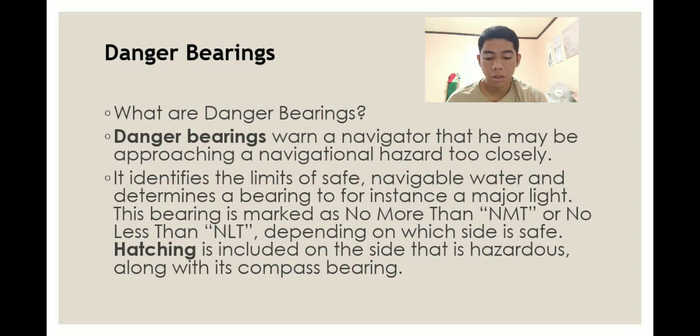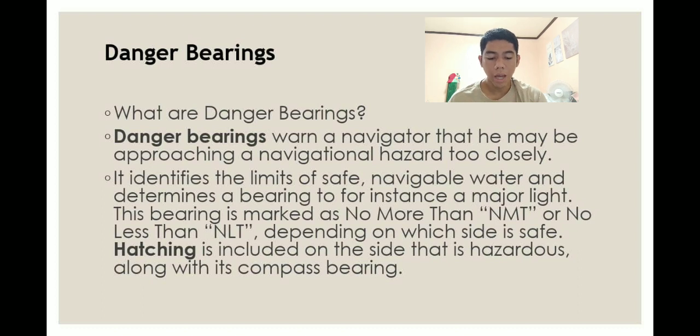Danger bearing. What are danger bearings? Danger bearings warn a navigator that he may be approaching a navigation hazard too closely. It identifies the limits of safe navigable water and determines a bearing to, for instance, a major light. The distance is marked as no more than NMT or no less than NLT.